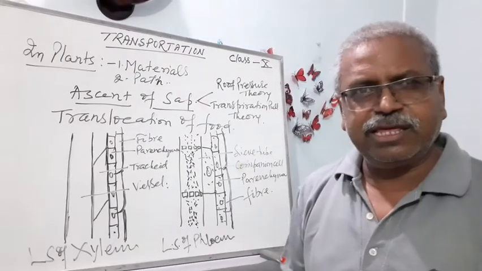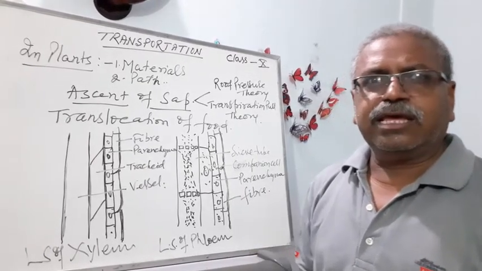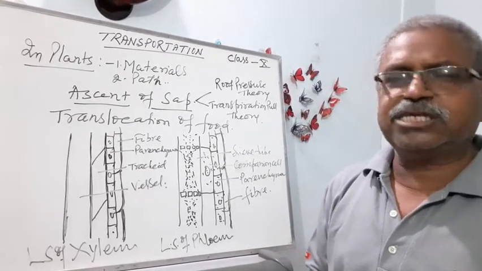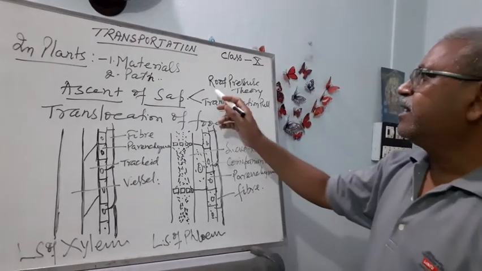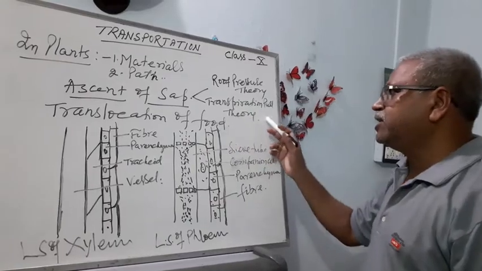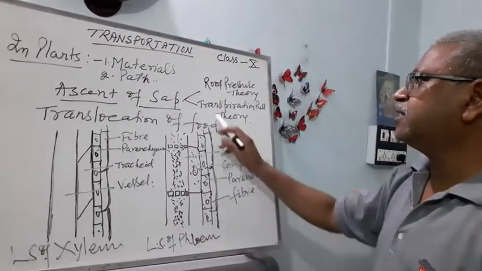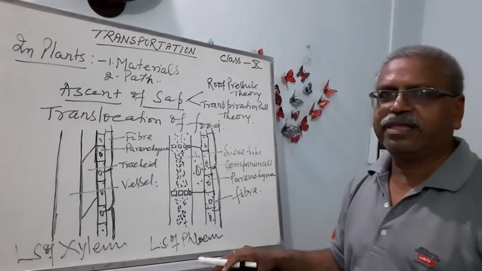First is the physical force theory, which is the capillary theory. Second is the root pressure theory, and third is the transpiration pull theory. The most accepted theory is the transpiration pull theory.